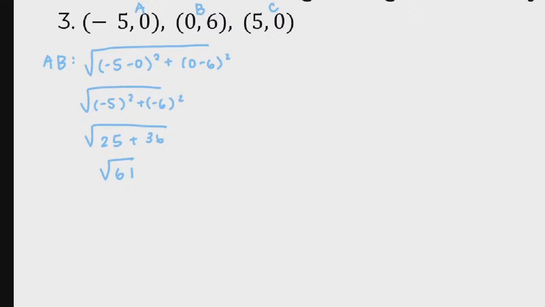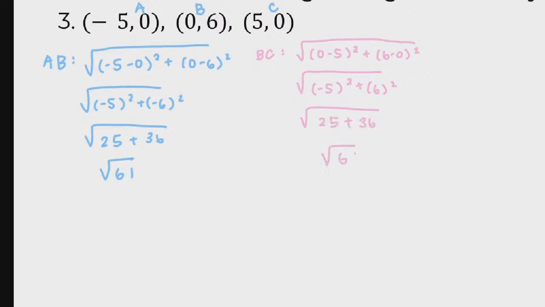And then I have to find another length, so let's say BC. So that's going to be 0 minus 5 squared plus 6 minus 0 squared. So that's negative 5 squared plus 6 squared, 25 plus 36, and we get a square root of 61.